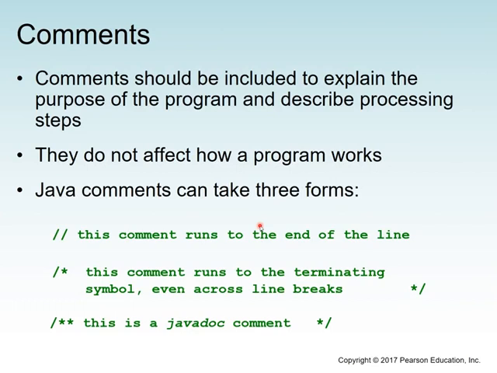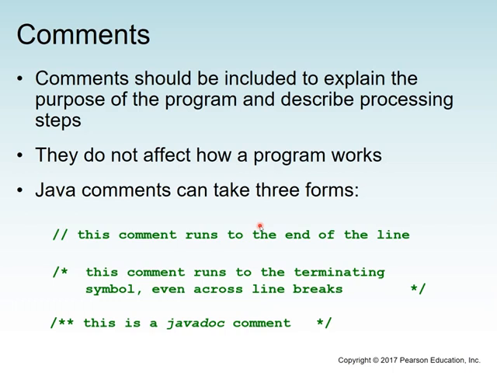As I said before, we can put comments just about anywhere in our program, and typically they're used to explain the purpose of the program and to describe any processing steps. Now, you don't have to put comments for every particular statement. If it is obvious what the statement is going to do, we're not going to actually put a comment there.